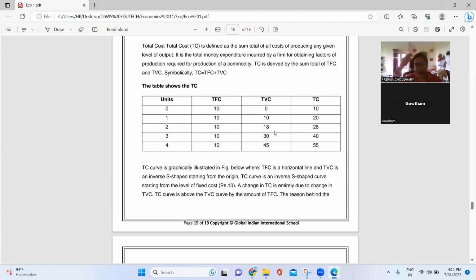So it's 10, 10, 10 for all the units. TVC obviously varies. It increases with the increase in input. Earlier it was 0, then 10, 18, 30, 45. And TC is the summation of TFC and TVC. So that is why 10 plus 0 gave you 10, 10 plus 10 gave you 20, 10 plus 18 gave you 28, and so on.